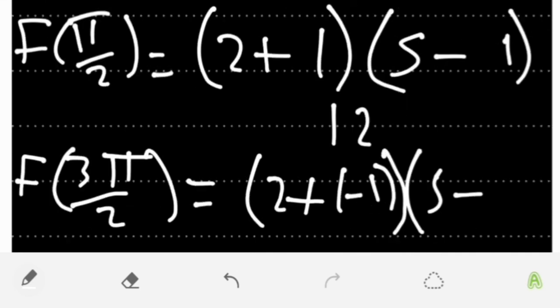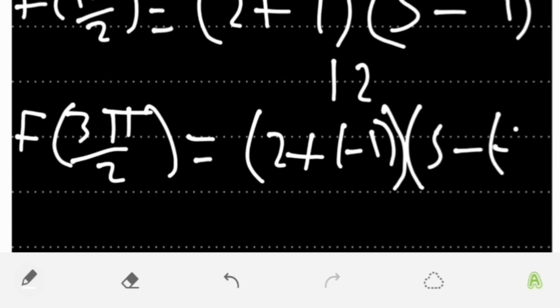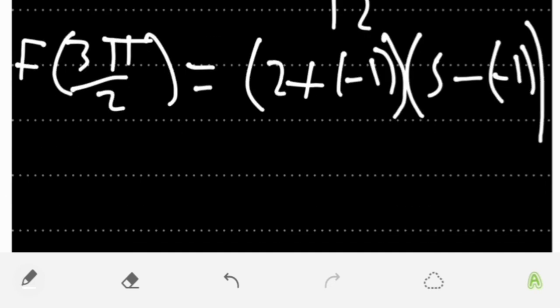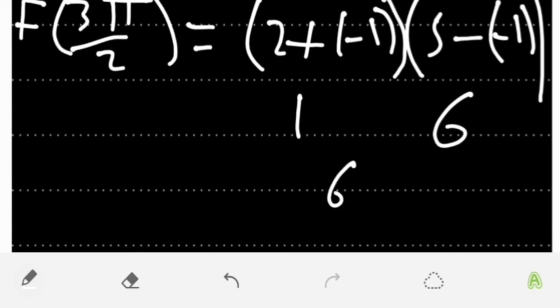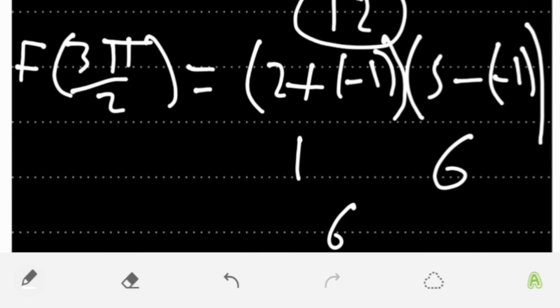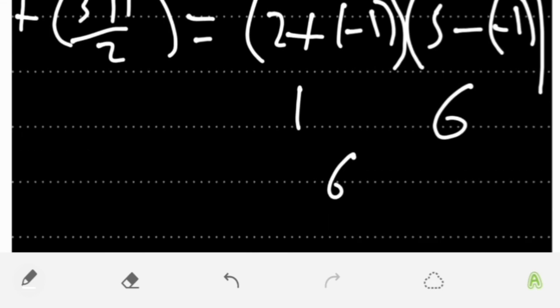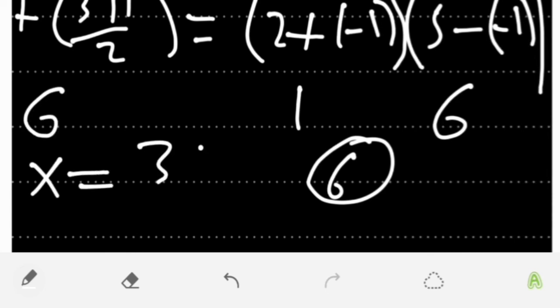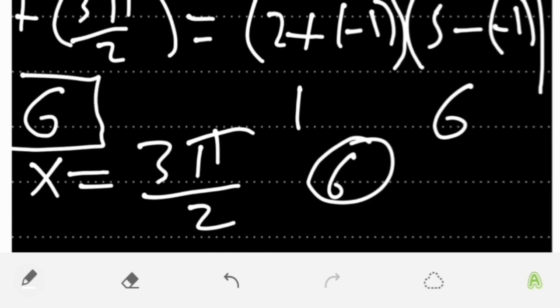So 2 plus minus 1 is 1. 5 minus minus 1 is 6. So this is the answer, 6. So 12 is bigger than 6. So our minimum value for f(x) is 6 when x is equal to 3π/2. Okay, so the answer is 6. He wants the minimum value of f(x).